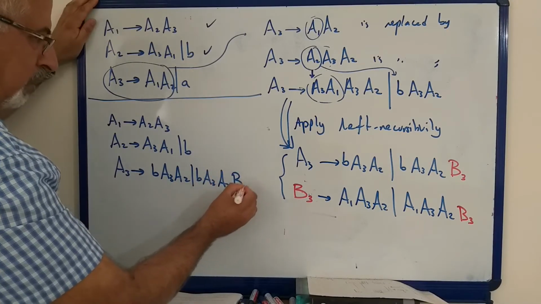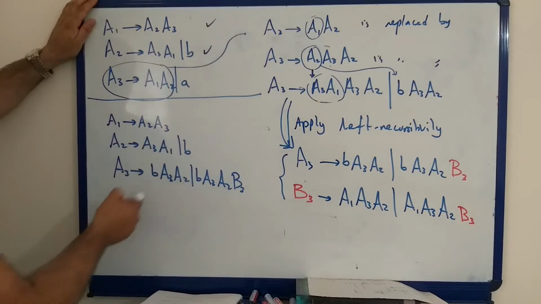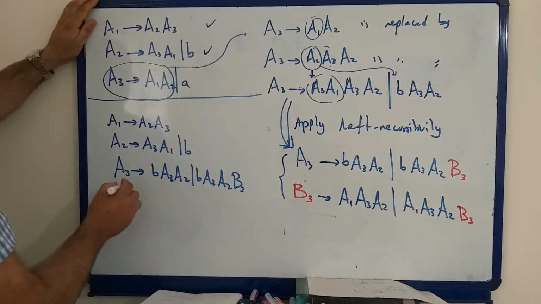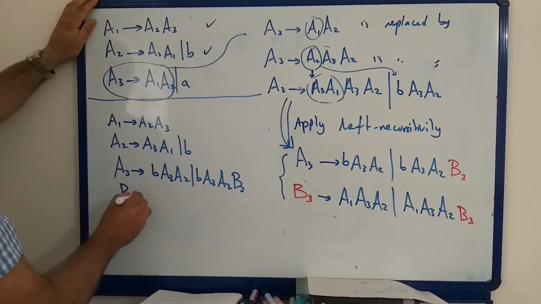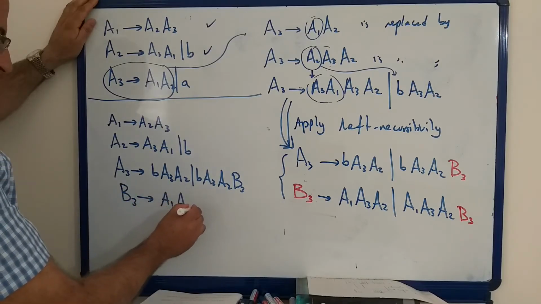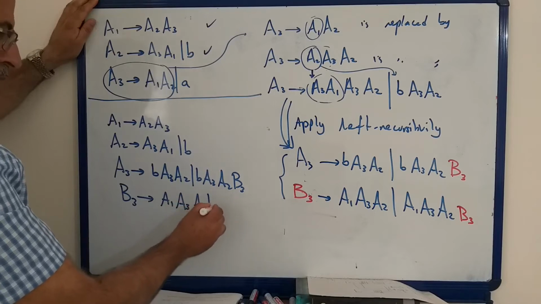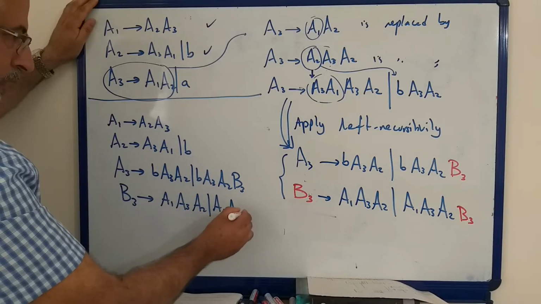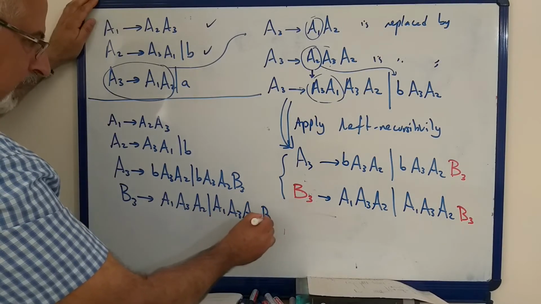The Z, I call it B3 because it is for A3; you can put it Z. And B3 goes to A1, A3, A2, or A1, A3, A2, B3.